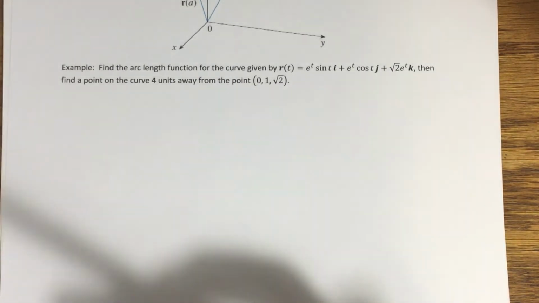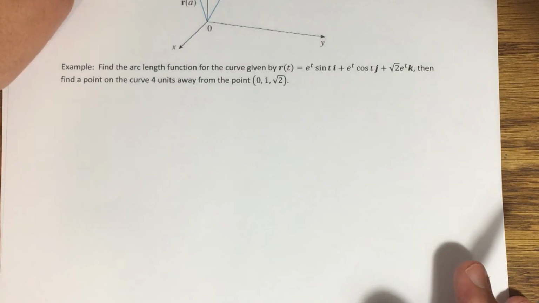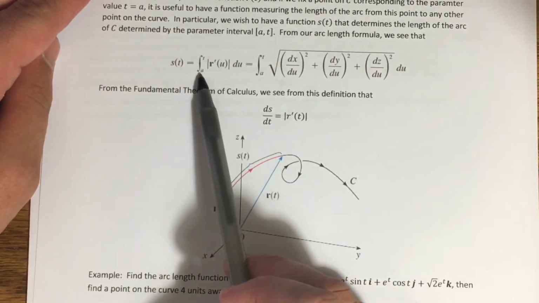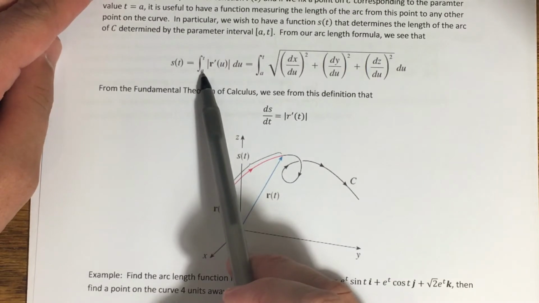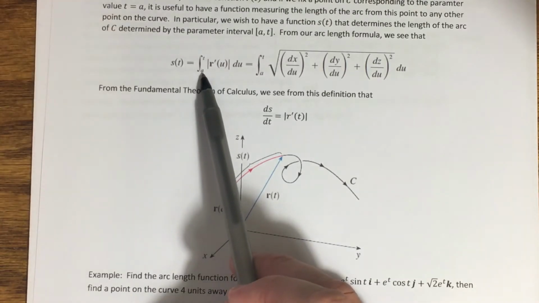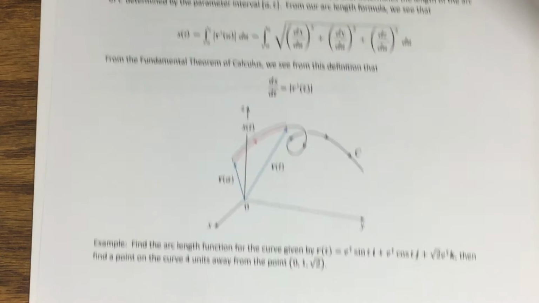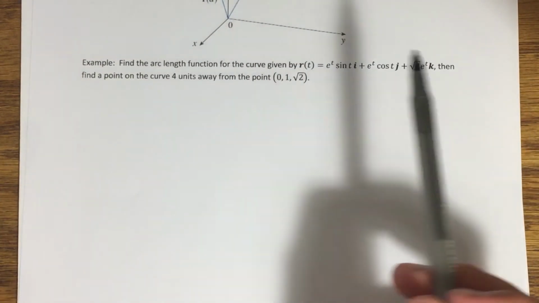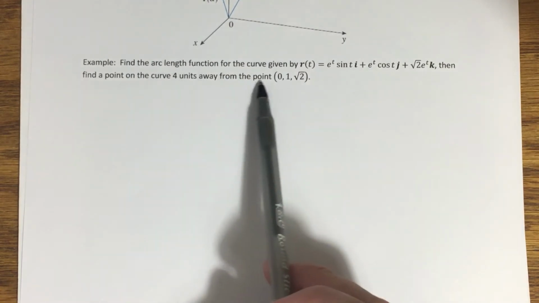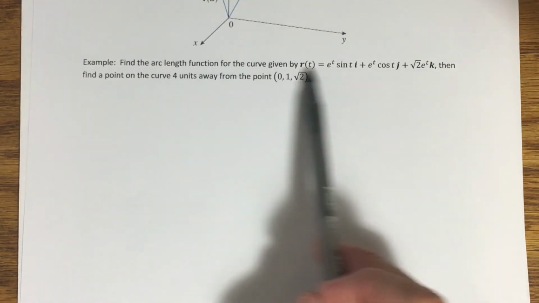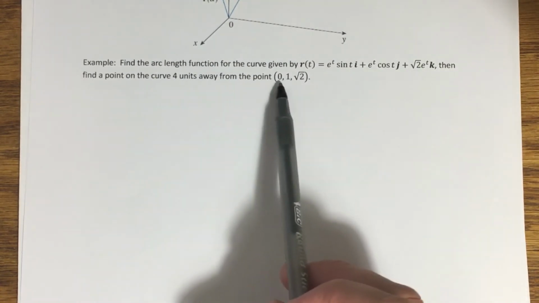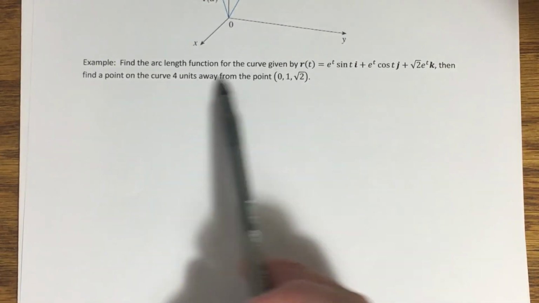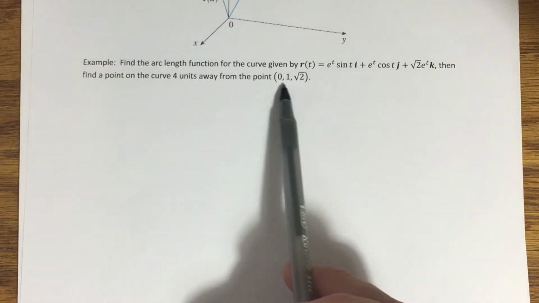But you actually need a little bit more information because, again, the arc length function has to have some fixed lower limit of integration. And there are different choices for what you could put here. But reading the entire question gives you an indication of what we should set that equal to. In the application of finding this function, we want to be able to find a point that's a given distance away from some specific fixed point.